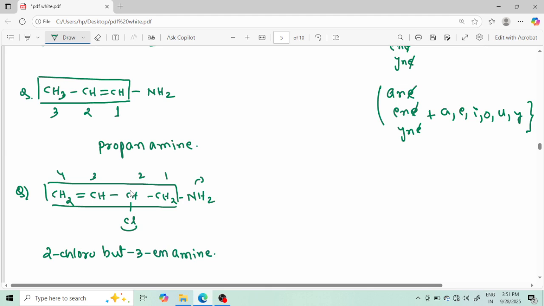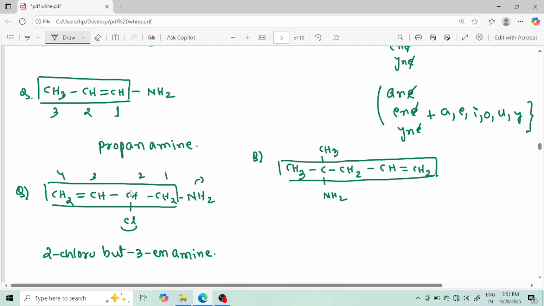Okay, now let's try another question. Suppose I am giving you this one, CH3 C, CH3, NH2, CH2 CH double bond CH2. Okay, so this will be my longest parent chain. So I'll specify from which direction I should start. I should start the numbering from here 1 2 3 4 and 5.